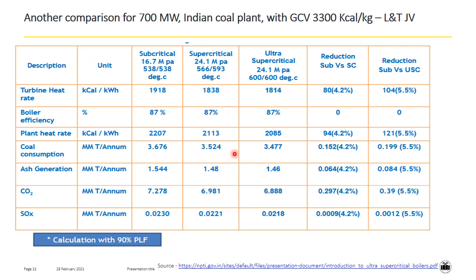This slide also shows a typical comparison of different boilers like subcritical, supercritical, and ultra supercritical. This is taken from literature of a company, L&T, having a plant in joint venture of capacity 700 megawatt using Indian coal with gross calorific value 3300 kilocalories per kg.